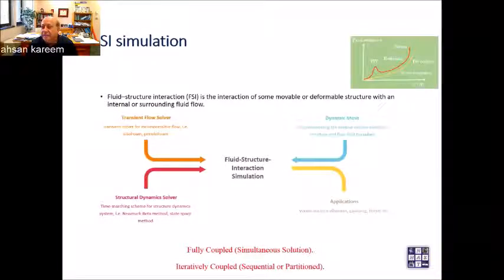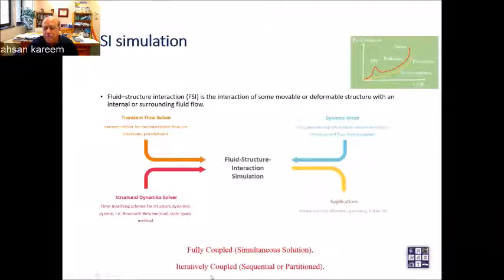Those of you who are interested in fluid structure interaction, like VIV, buffeting, flutter, we have to have a transient solver, a structural dynamic solver, and dynamic mesh, and it all goes together and gives us our applications. One is a fully coupled approach, because now we have two systems, solid mechanics and fluid mechanics, interacting. If they're fully coupled, which we don't normally do, that's more complicated and demanding.